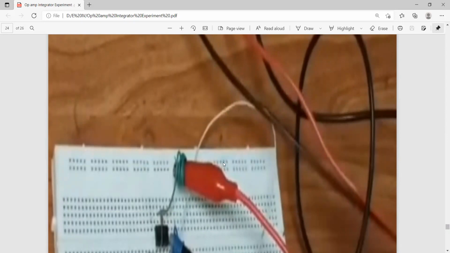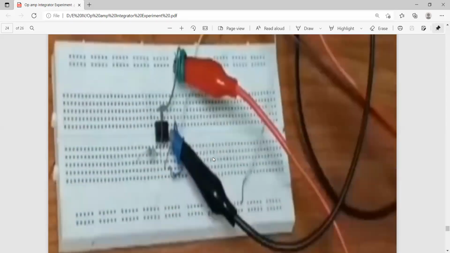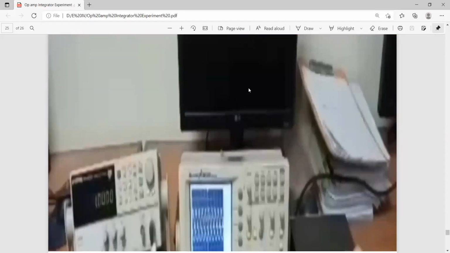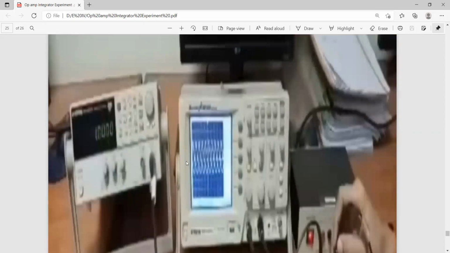It must have a dual voltage power supply, because plus VCC and minus VCC you can connect to pin numbers 7 and 4. So that is the mandatory condition to activate your 741 IC. So here also the various waveforms you can observe for the integrator circuit diagram.